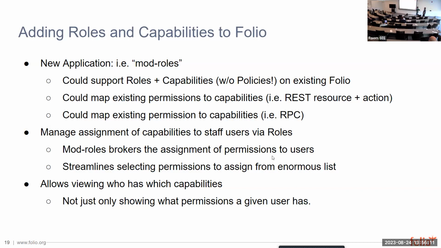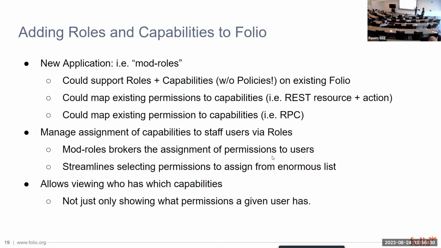The policy part I think would require a much deeper interaction with the system. We could map existing permissions to capabilities. I already mentioned that maybe we do that in the module descriptor. Maybe it's a new section, or it could even be a different descriptor. I don't know yet.